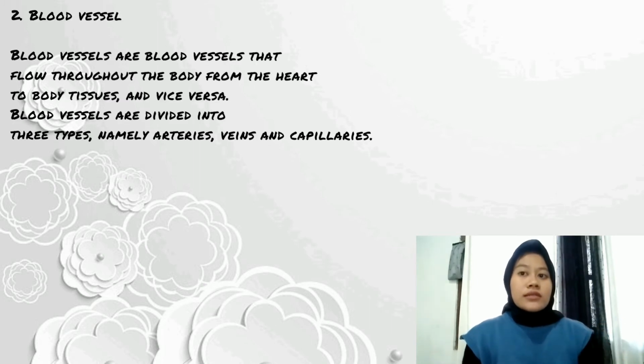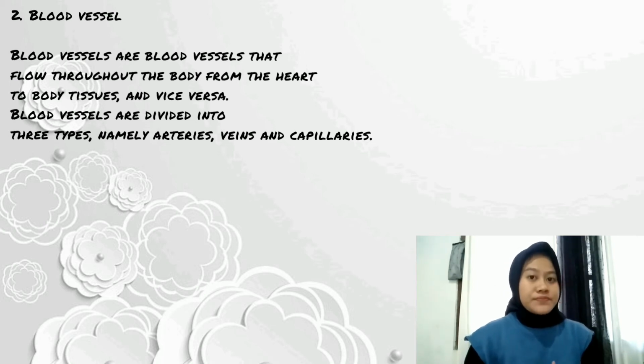Okay, the next is blood vessels. Blood vessels flow throughout the body from the heart to body tissues and vice versa. Blood vessels are divided into three types, namely arteries, veins, and capillaries.